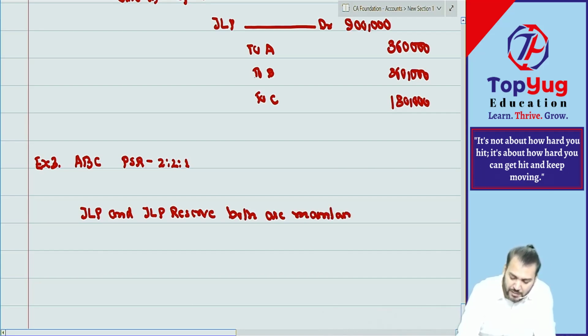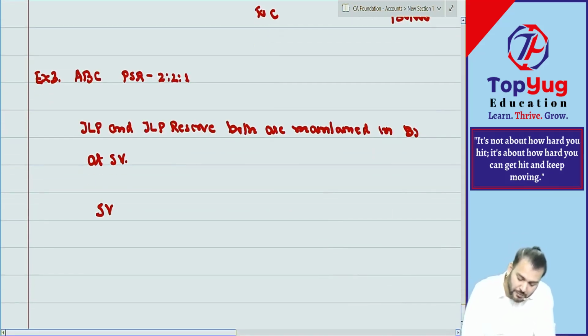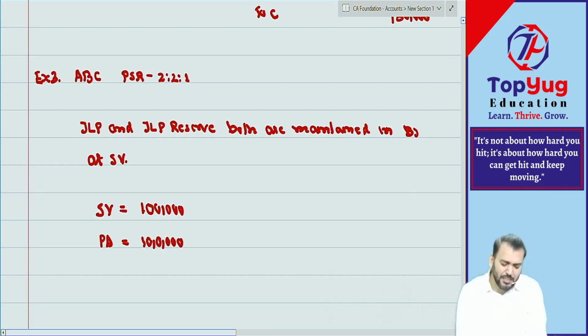Maintained means both are appearing now in balance sheet. At what value? At surrender value. Surrender value is equal to what? 1 lakh. And policy amount is what? 10 lakh. Means can I say it is similar to example number 2? But one more item came, JLP reserve.